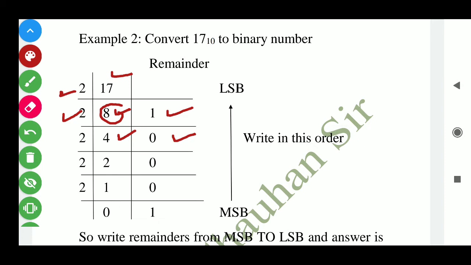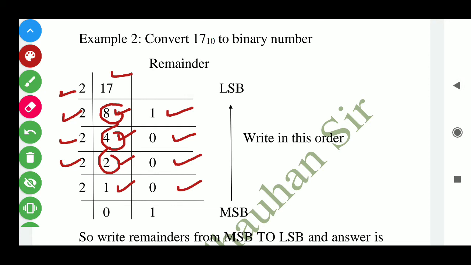Now again divide this 4 by 2. Quotient is 2 and remainder is 0. Again divide this 2 by 2. 2 ones are 2, write the quotient 1 here and remainder is 0.